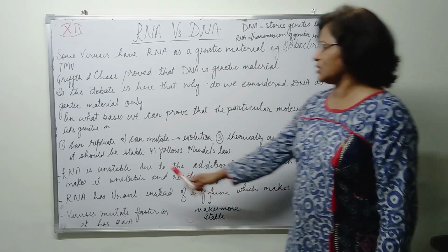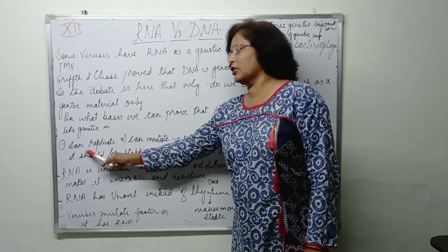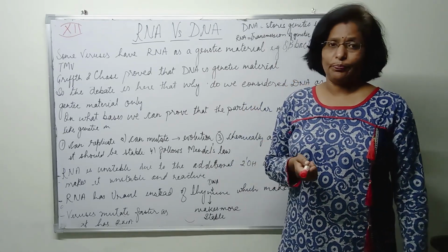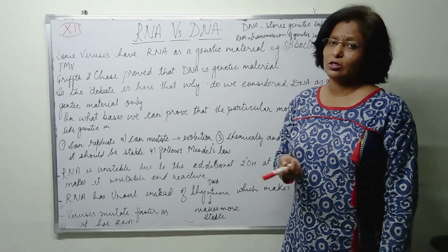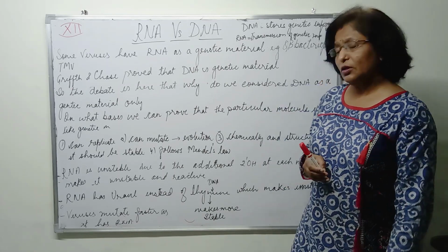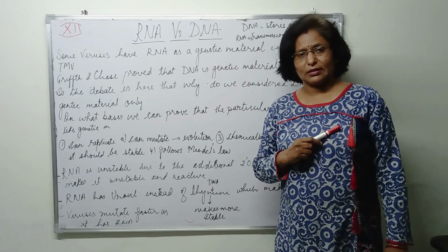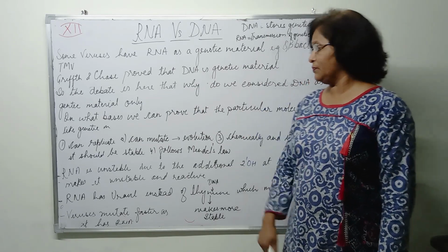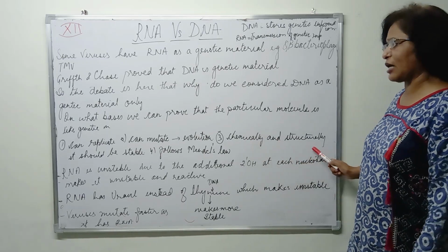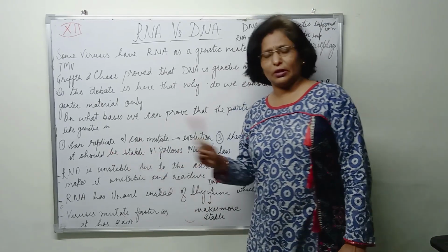First, the molecule can replicate itself, which means it forms its replica. The replication process should be done by that molecule so that it transfers the characters from generation to generation. Second, chemically and structurally it should be stable.